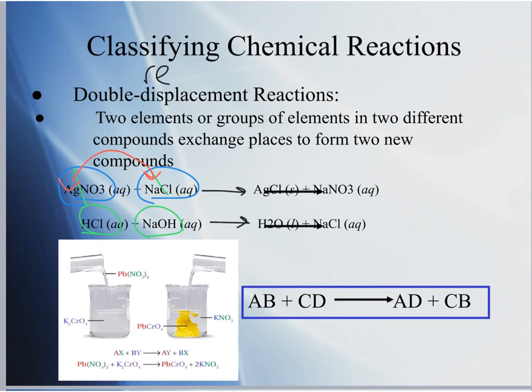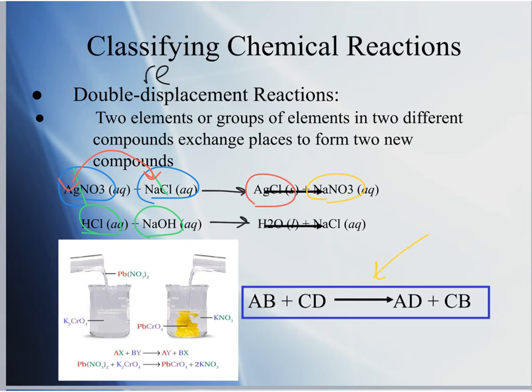So in the end, silver, instead of being hooked up with nitrate, is going to be hooked up with chlorine for silver chloride. And sodium, instead of being hooked up with chlorine, is going to be hooked up with nitrate to make sodium nitrate. So when they switch partners like that, that's what we call double replacement reactions.